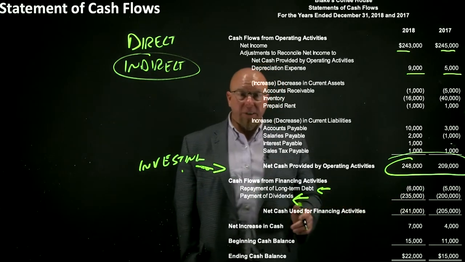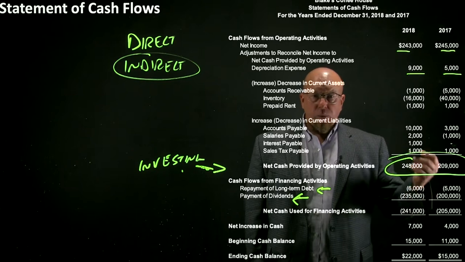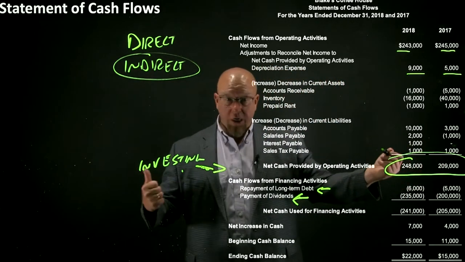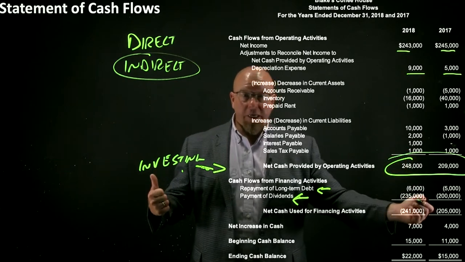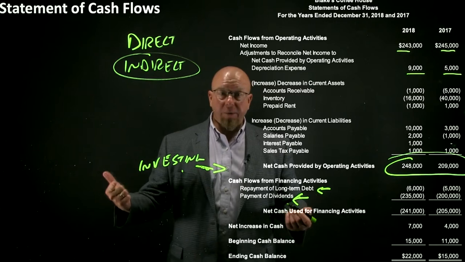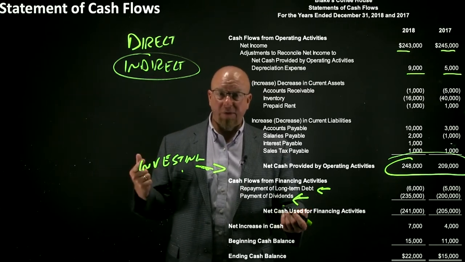So what we're seeing with this business is we provided cash because of our operations, which is great, and we're using a big chunk of that cash to repay some long-term debt and to provide a return to our owners in the form of dividends.